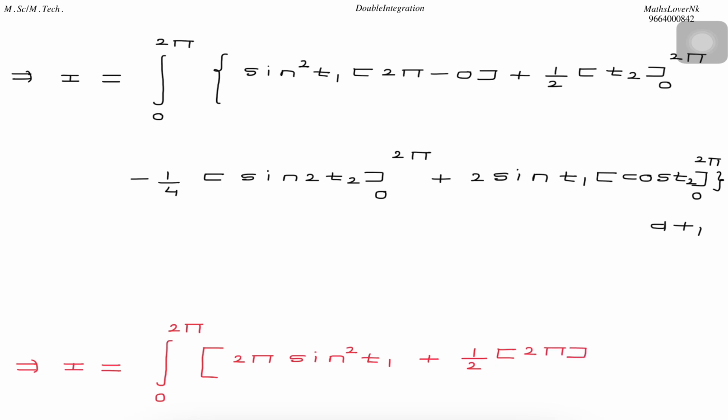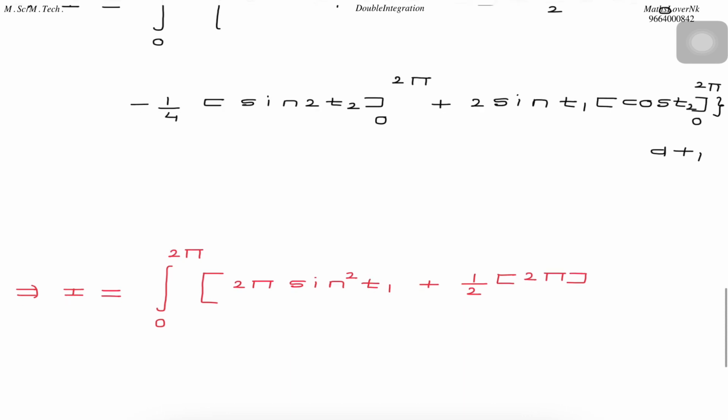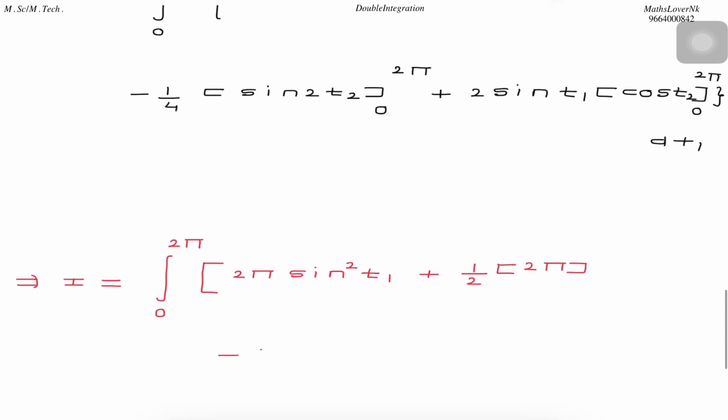minus 1 by 4 as it is. When we put 2 pi, so sin 2 into 2 pi, that is 4 pi. The sine 4 pi is 0, minus sine 0 is always 0, so minus 0, plus 2 sine t1.